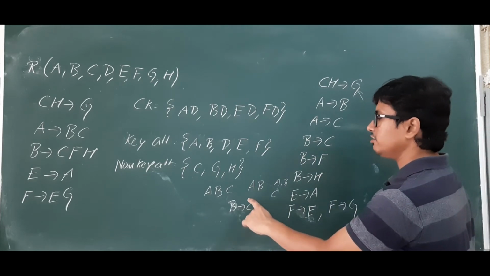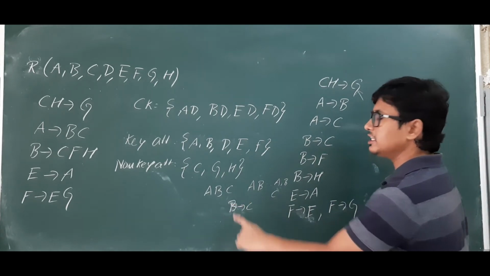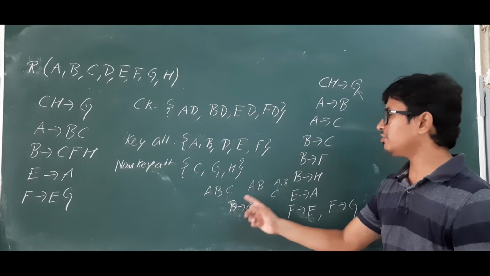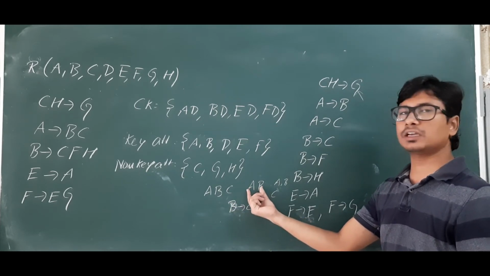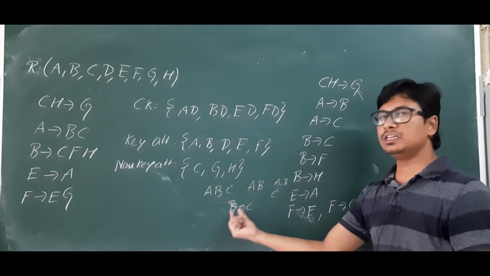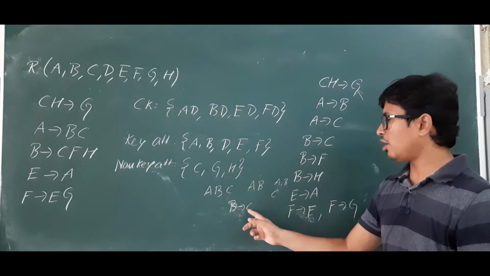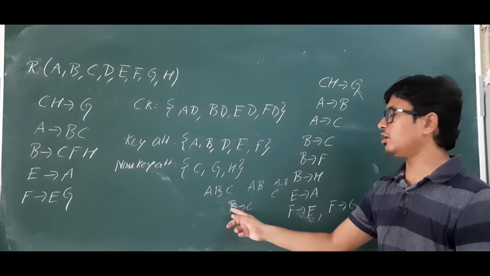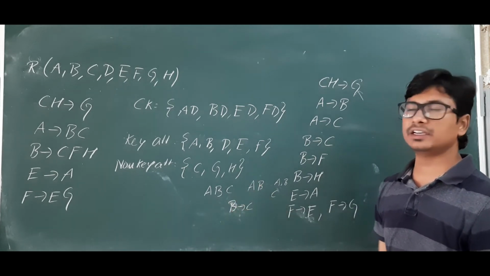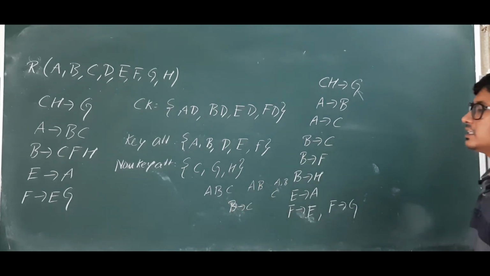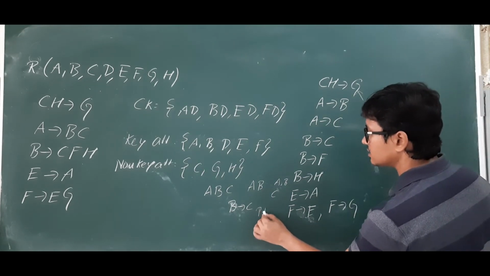So C, a non-prime attribute, is depending on part of the candidate key, because AB is the candidate key, so B is part of the candidate key. So a non-key attribute is depending on part of the candidate key, and then I can say that it is a partial dependency.